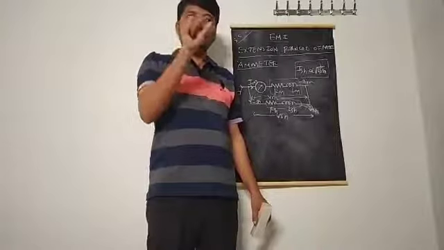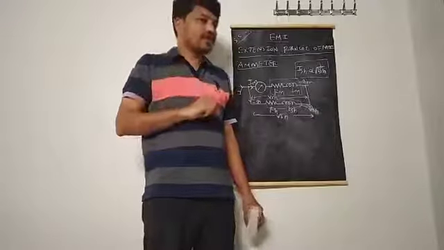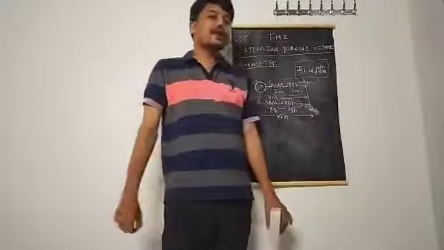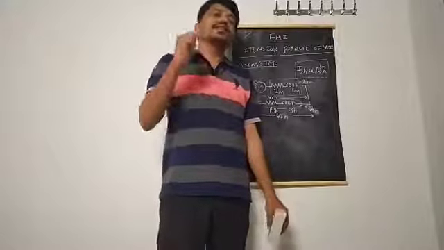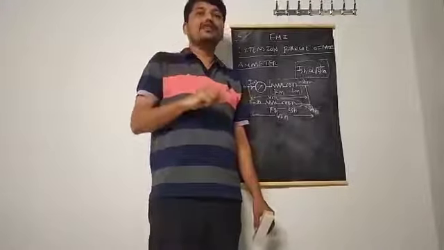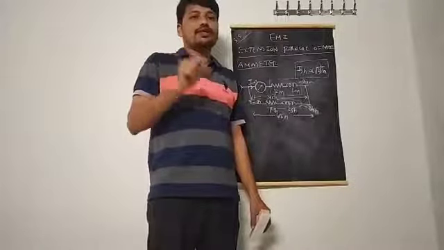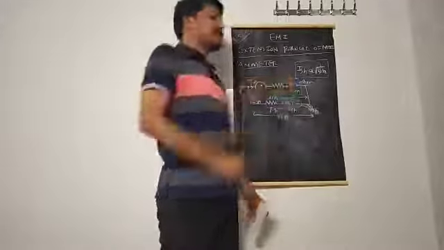Whereas in the case of the moving iron instrument, it can measure both AC and DC voltages. Therefore we also consider the inductance effect, because with AC it is always a function of frequency. Therefore we are considering the inductance here.